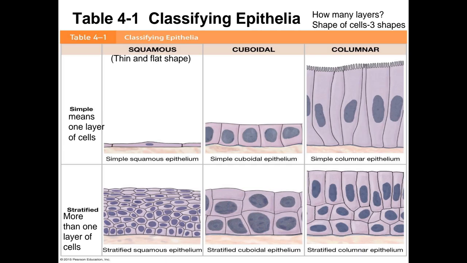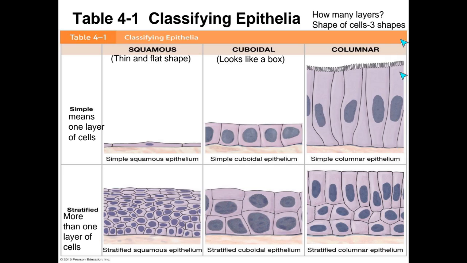The shape might be cuboidal, which means it looks like a box. Or the shape might be columnar, which means it looks like long columns or long cylinders.